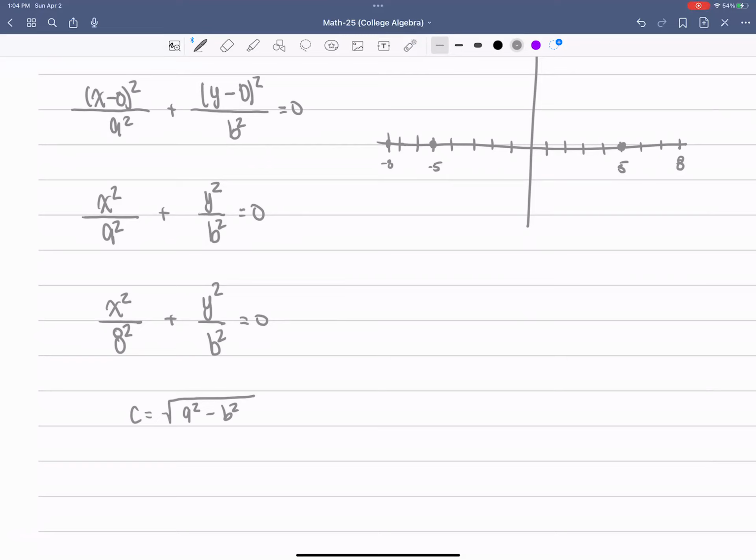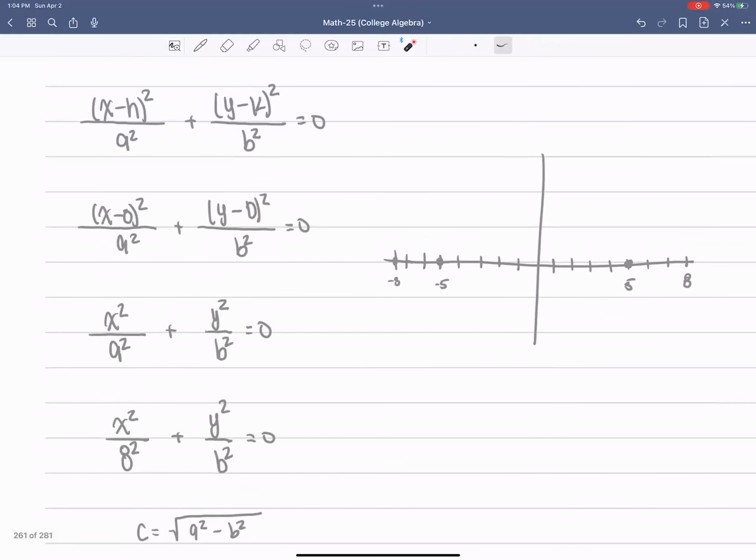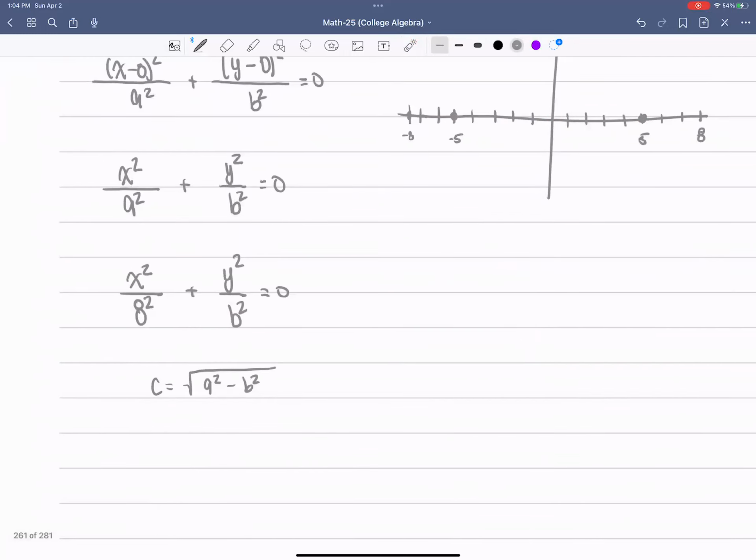We went out c units for our foci. We went out 1, 2, 3, 4, 5 units for that foci. That tells us that c is 5. So we have 5 is equal to the square root of a squared, which is our 8 squared, minus b squared. And now we're going to figure out what b is using this.